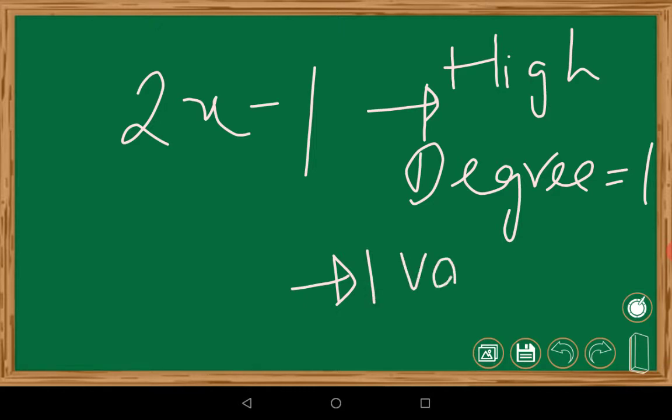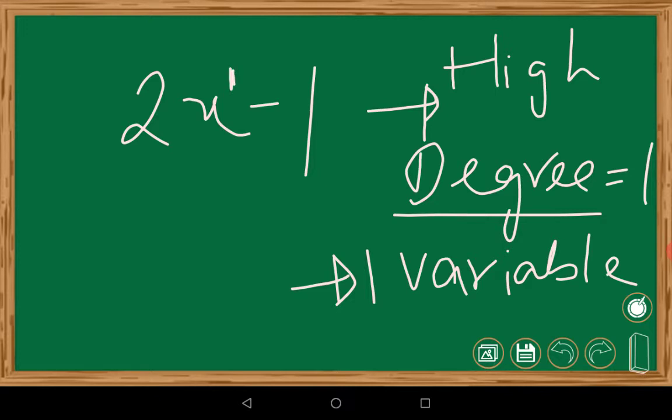These are the two rules we should keep in mind. How do you find the highest degree? The variable power, whatever it is, that is the degree, and we have to find the highest. So 1 is the highest here. This is satisfied. Next, we have one variable, only x. This is also satisfied. Therefore, this is a linear equation.